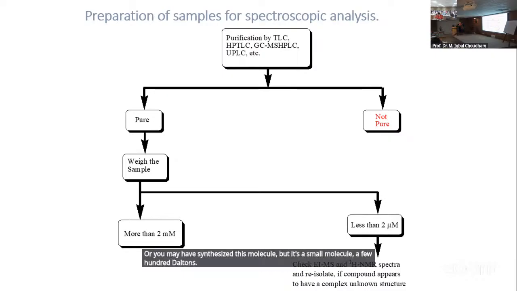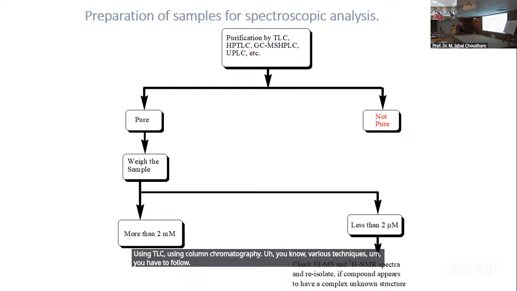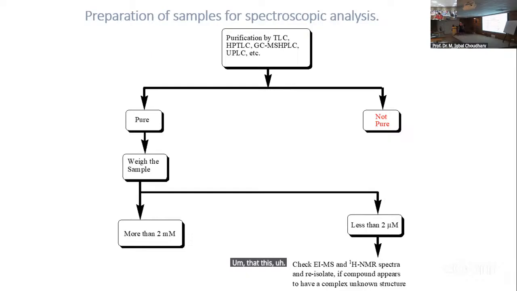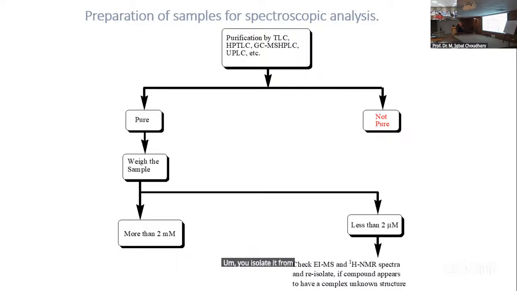So you purify it using different techniques: HPLC, TLC, column chromatography. These are various chromatographic techniques, based on the nature of the compound you need to purify, whether you synthesize it or isolate it from natural sources.